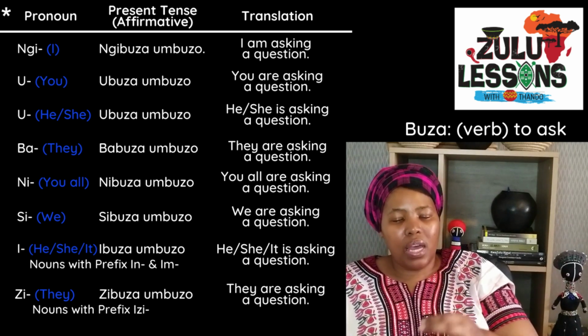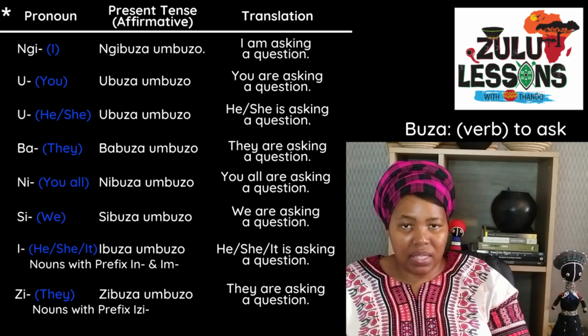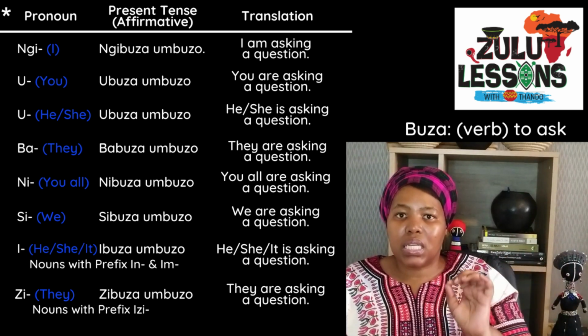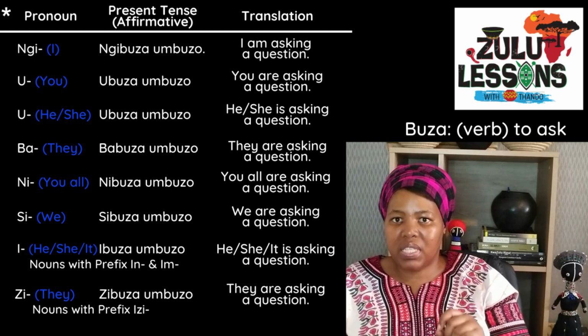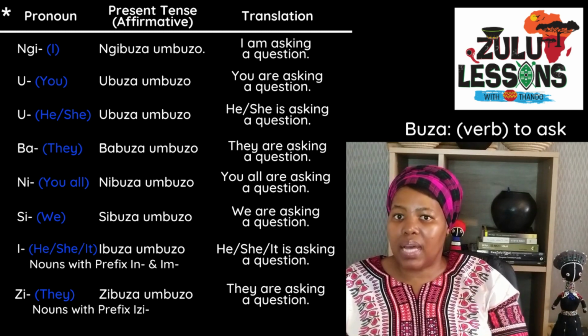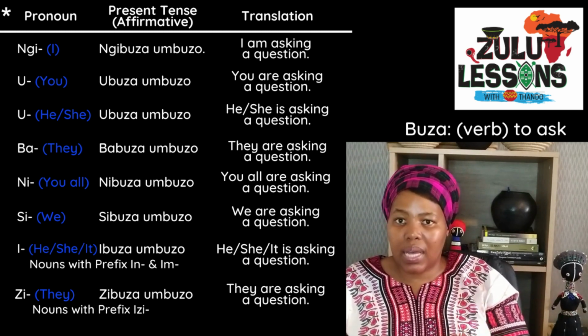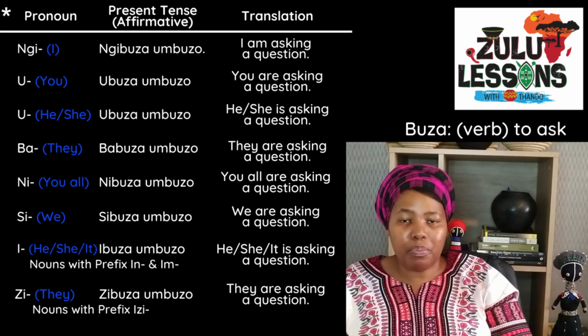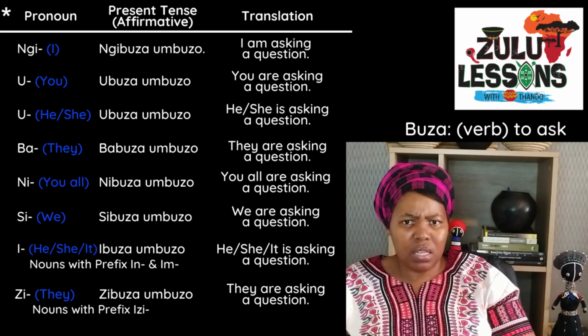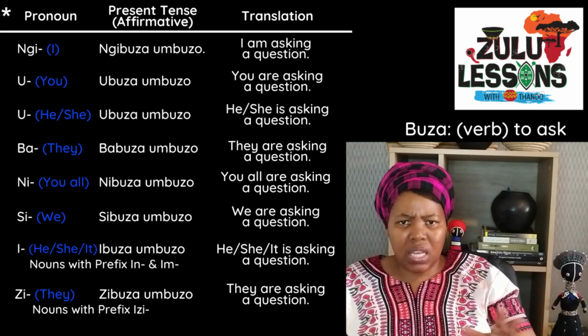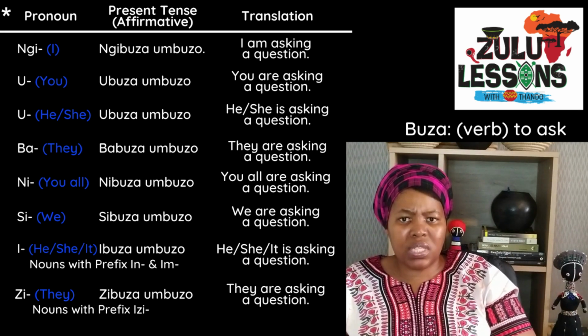Now, there we are again, he, she, or it. These are the nouns that start with the prefix in or the prefix im. Ibuza umbuzo. So for example, ingane, the child, ibuza umbuzo. The king, inkosi, ibuza umbuzo.